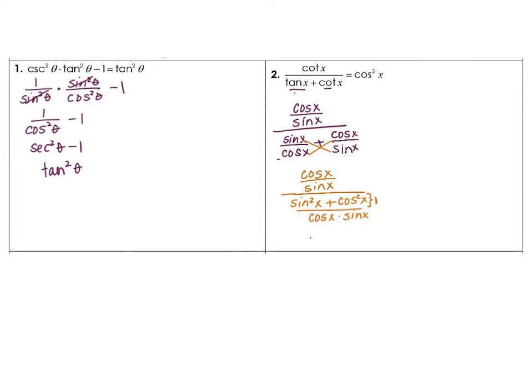And so we have cosine x over sine x times, and I'm going to go ahead and do our reciprocal. So we have cosine x times sine x, and that's all over 1. And so we are going to cancel the sines. So it looks like we're left with cosine squared x. So again, here we have verified.